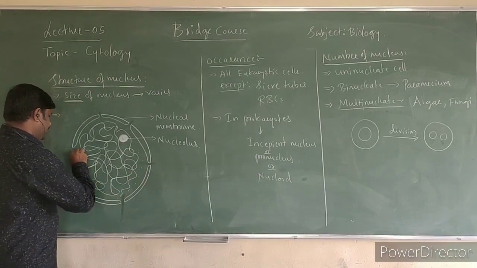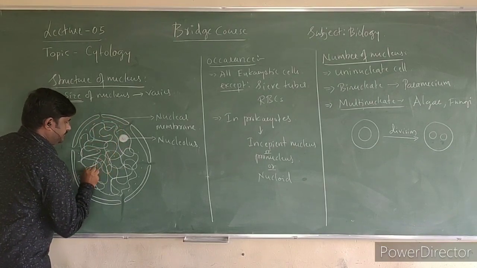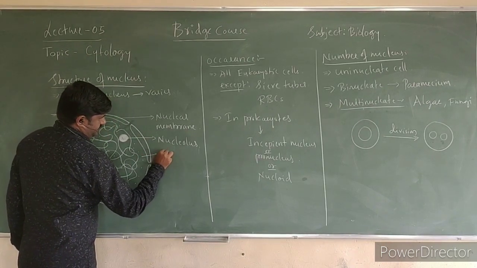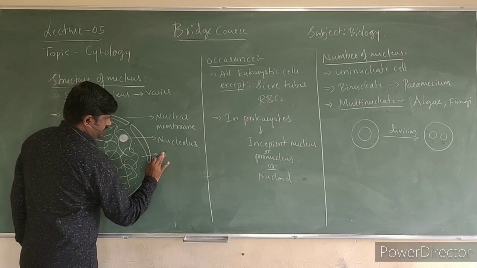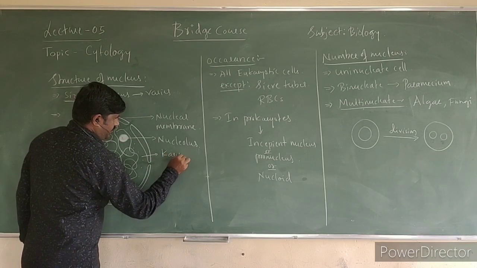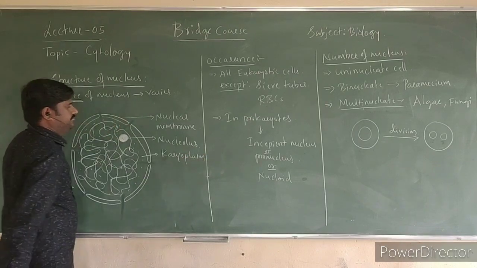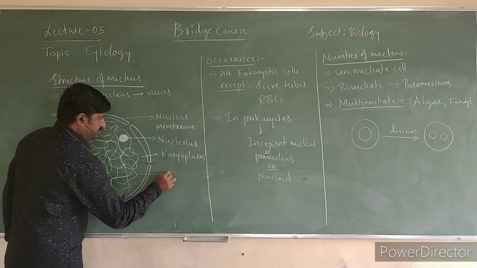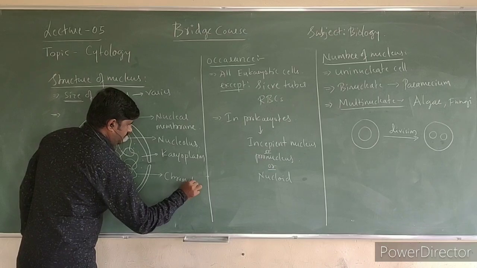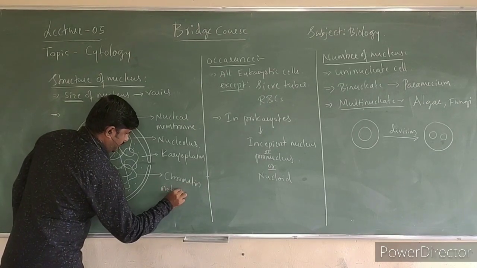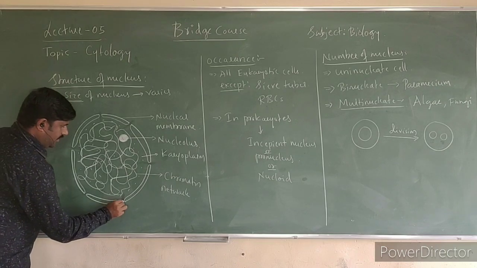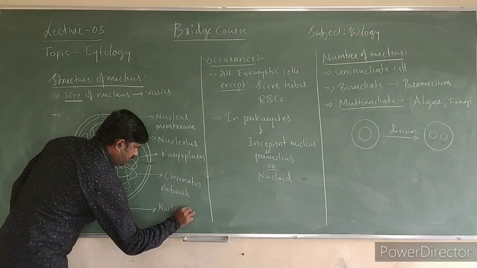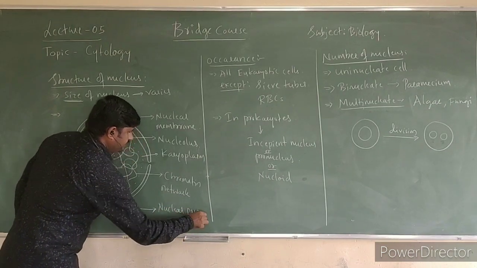There a fluid is present inside this nucleus. That fluid is nucleoplasm, and apart from this, your next one is the chromatin network, and these small pores are called nuclear pores, right?